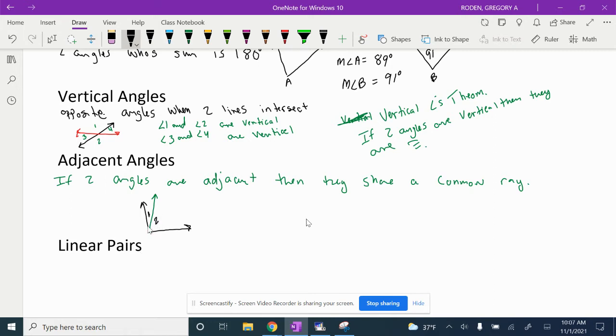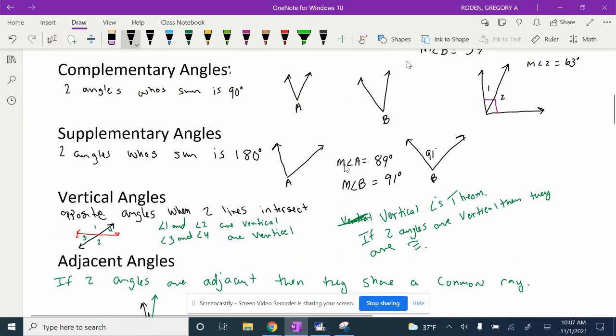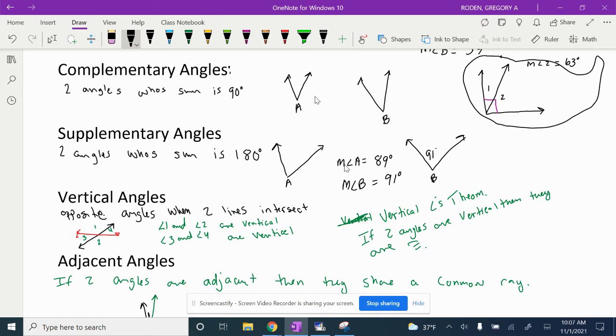They share the same green ray. You guys see that? This example is special because the angles are complementary and adjacent. Here, they're complementary, but they're not adjacent. You guys understand that? Here, they're complementary and adjacent.